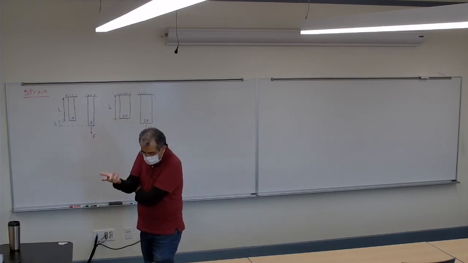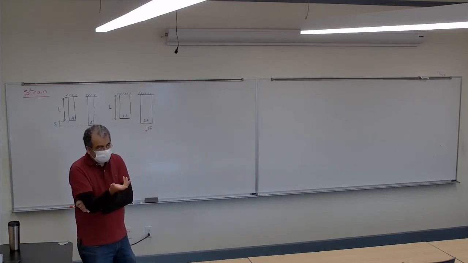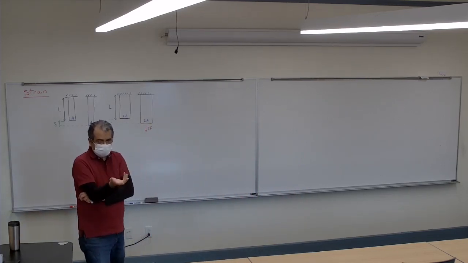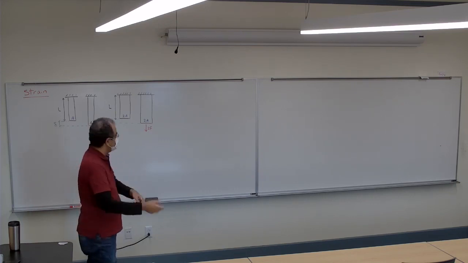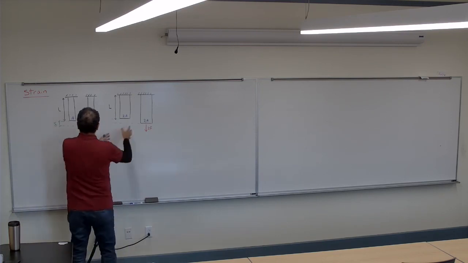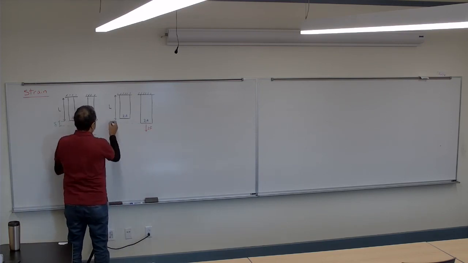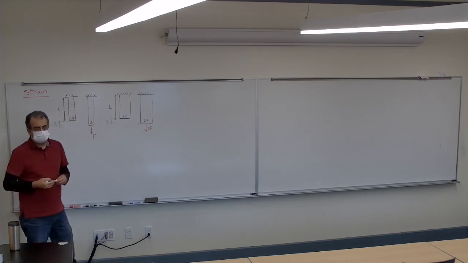If you do that and you go in the lab and test it, it turns out it doesn't stretch more or less. It's going to stay the same. So you say, I test this, I test that, both of them become delta.